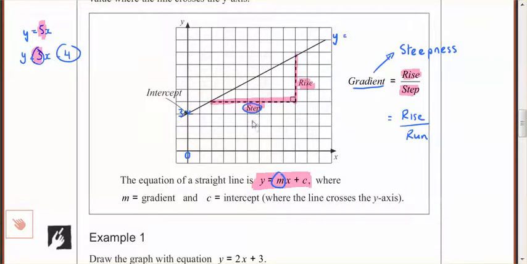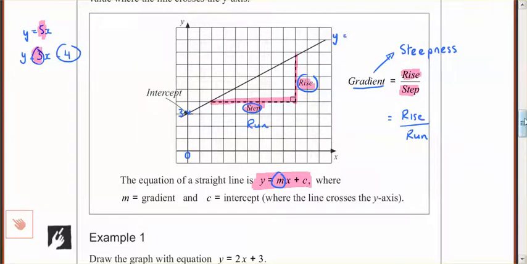So step could be called run. If we can work out the rise and divide it by how far across we go, the run, then that's the gradient. What's important is that we find points where we can actually read the coordinates. We can't just do it any old place.